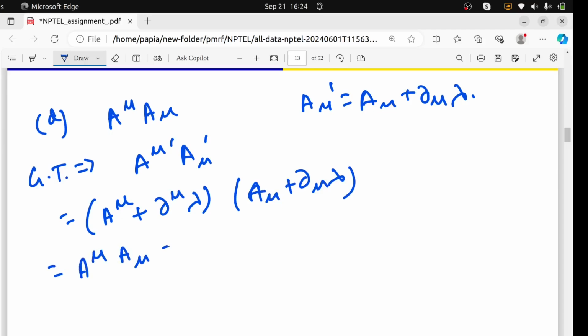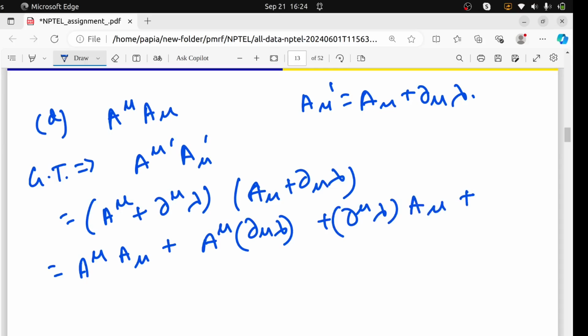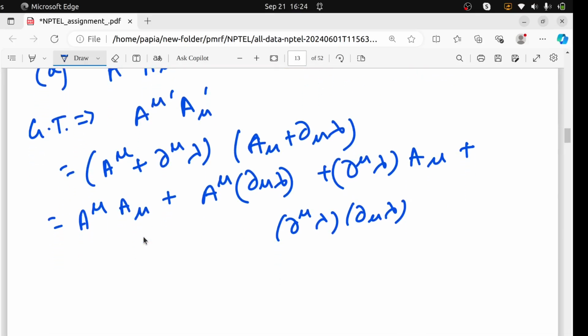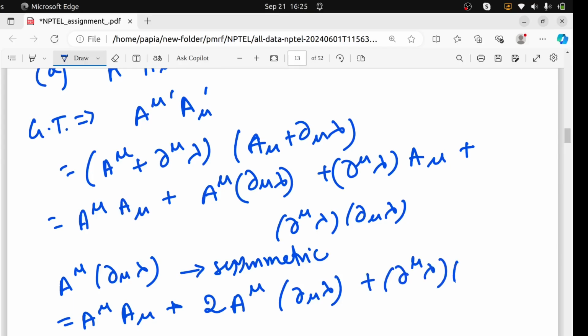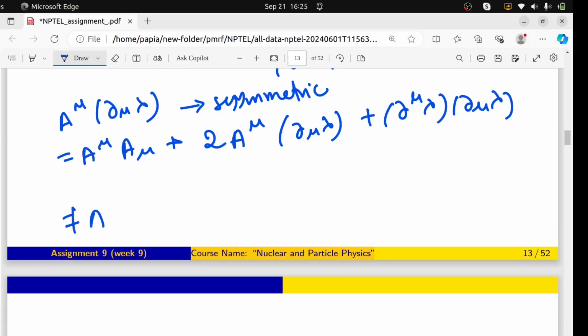So you can see here mu del mu lambda plus del mu lambda mu plus del mu lambda del mu lambda. Again the same thing, that mu del mu lambda is symmetric. So I can write it like mu plus 2 mu del mu lambda plus del mu lambda del mu lambda. But the main thing is that this is not equal to mu.